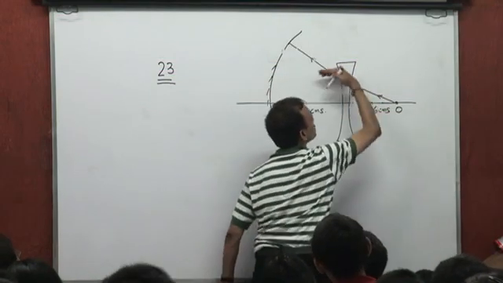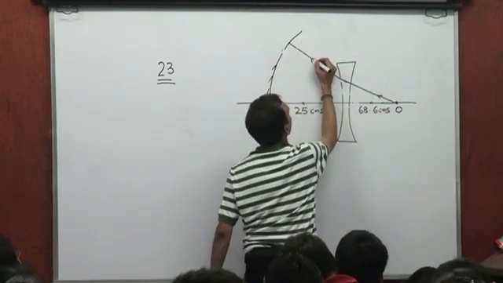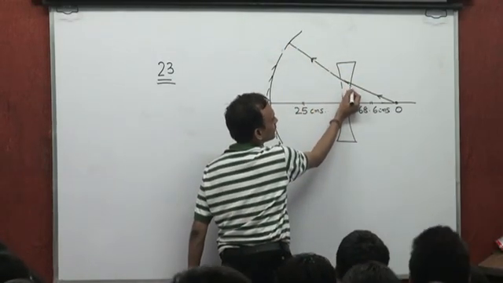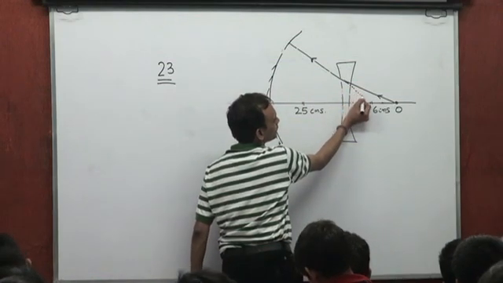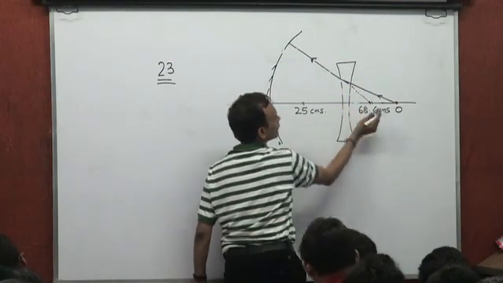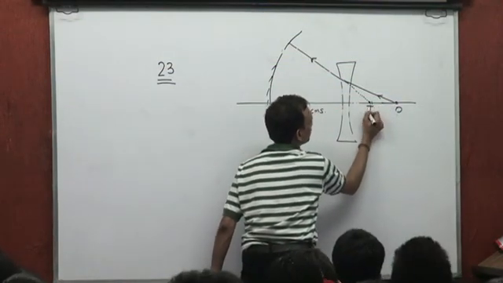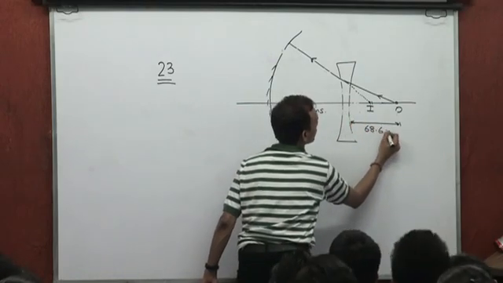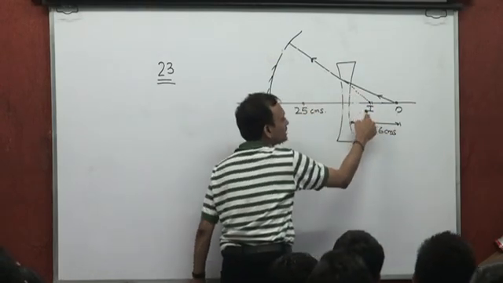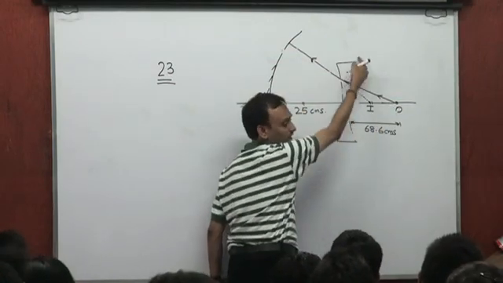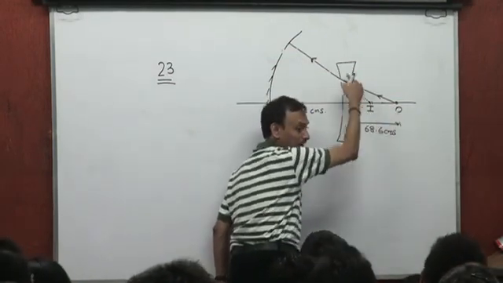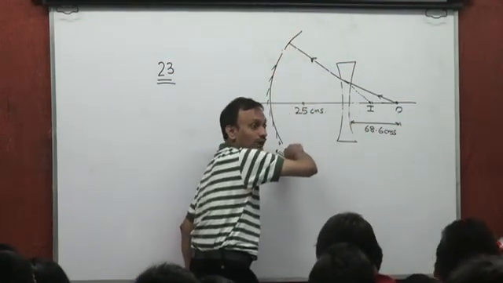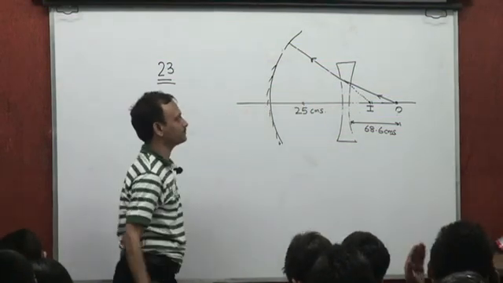It's a diverging lens, right? So they're coming like this and they're getting refracted like this, right? So as far as the mirror is concerned, they seem like coming from I. Right? That means I is the image of O formed by the lens, and that acts as a virtual object for the mirror.